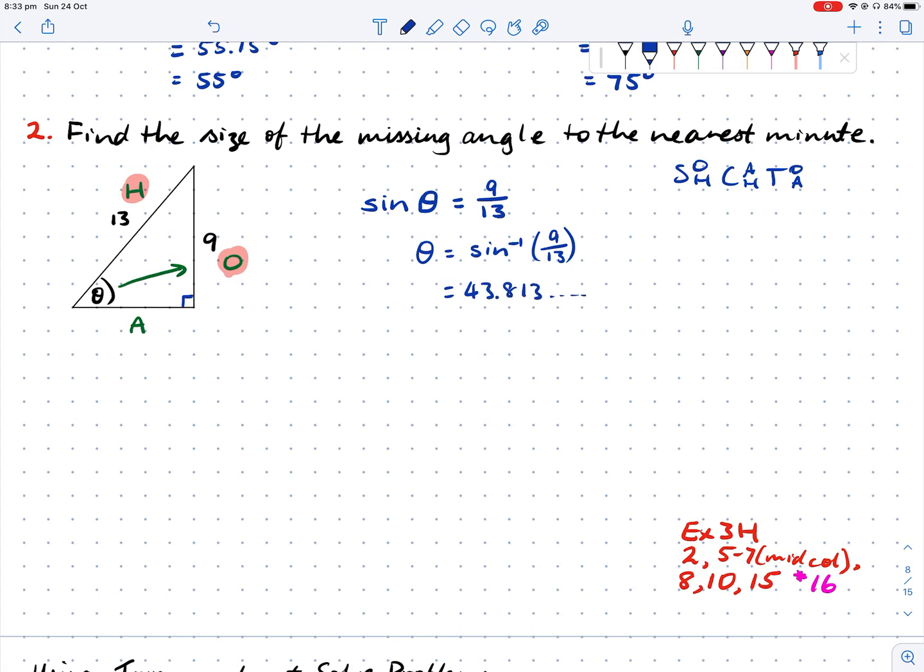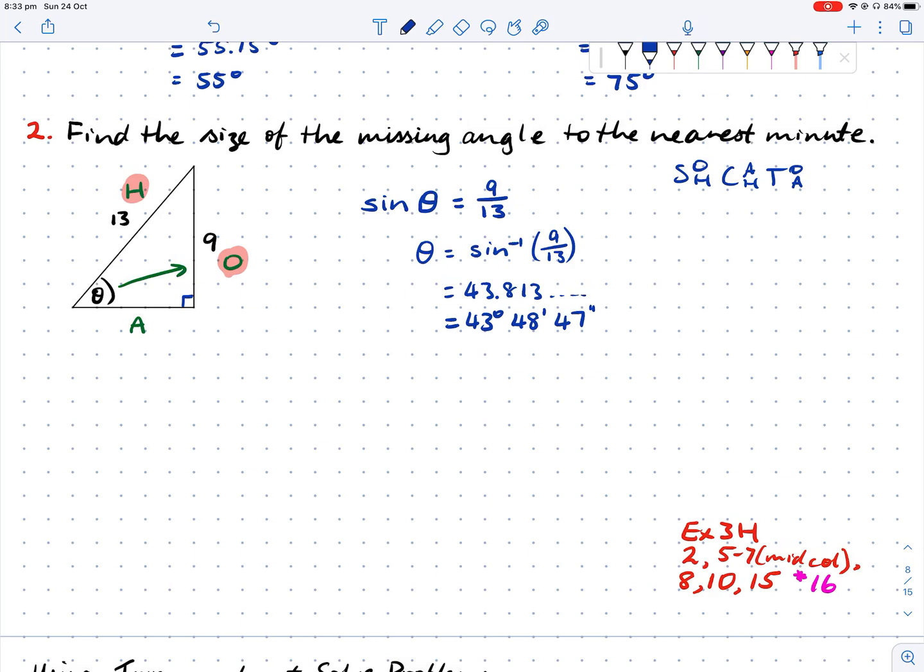And that's 43.813 something. Now, because we want this answer to the nearest minute, once you've pressed equals, you're going to press the degree button, and it'll change your answer into degrees, minutes, and seconds.